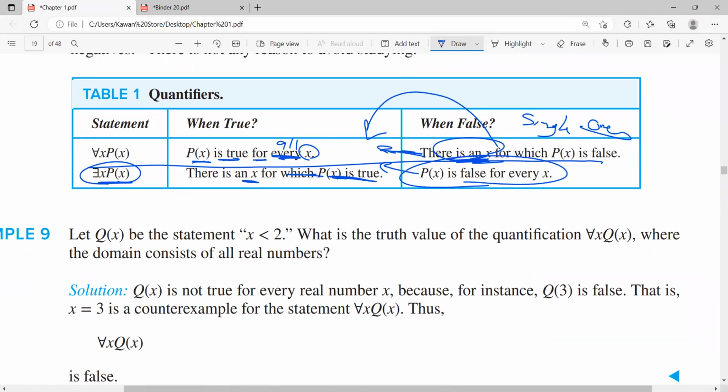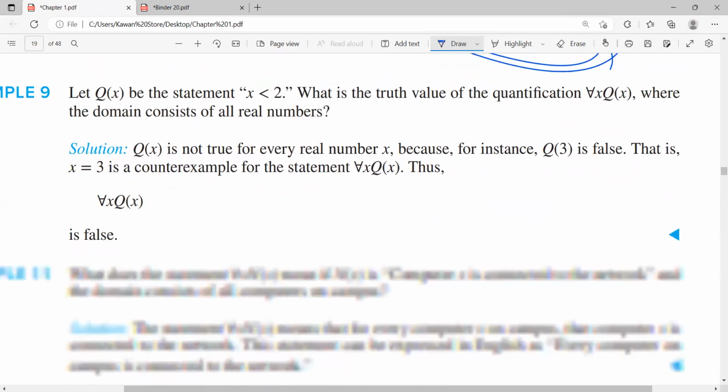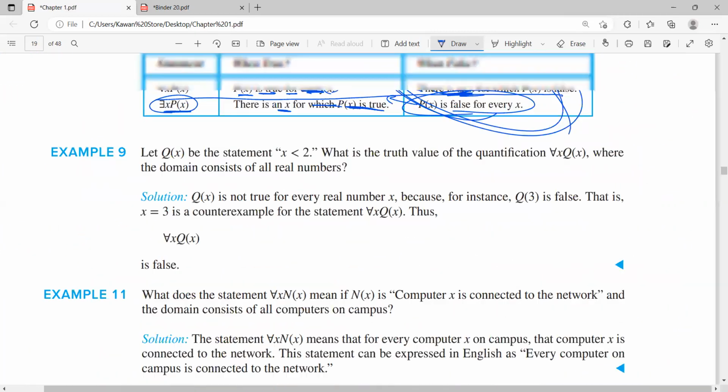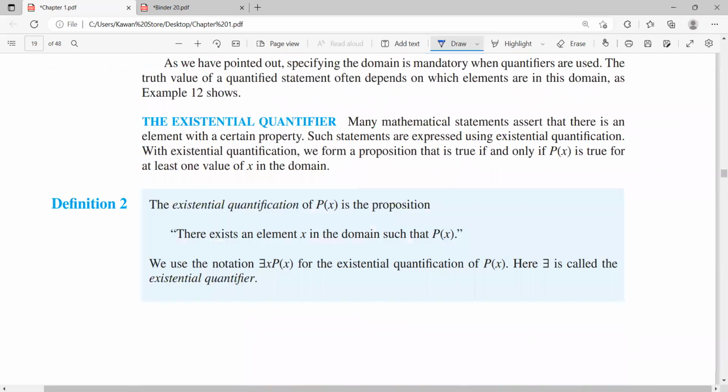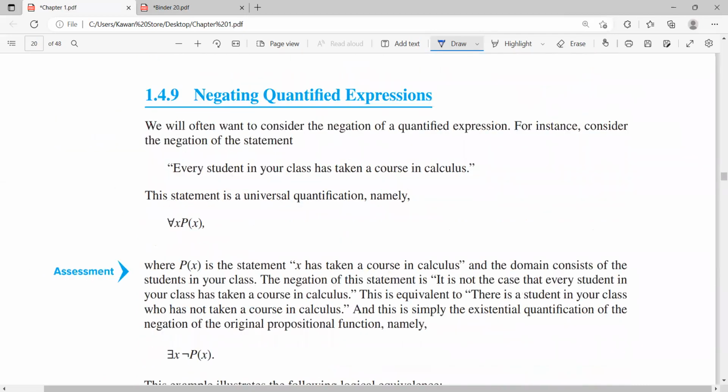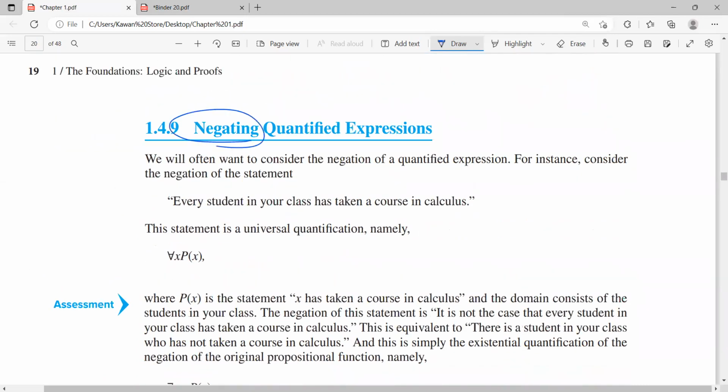I say there exists one student from here. No, if my statement is not right, it means that for all is false. To understand this part, let me go to the negation later, then you'll understand.